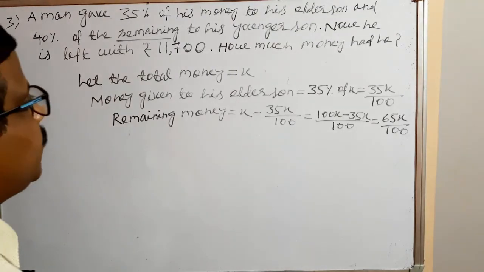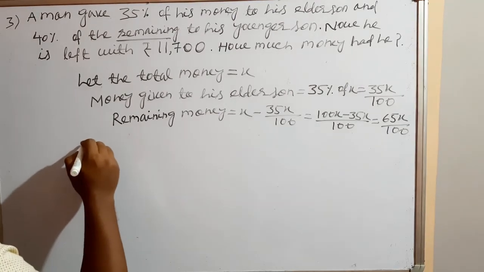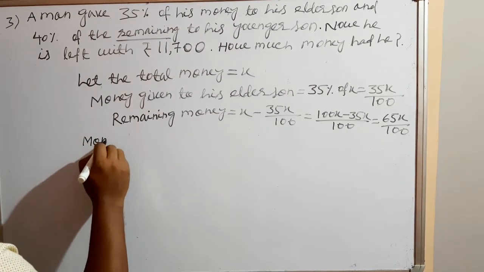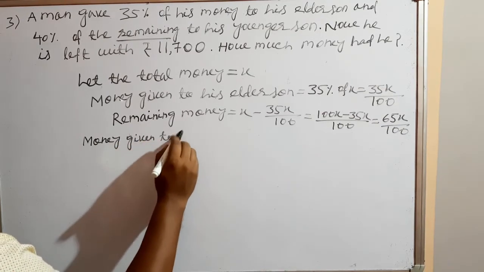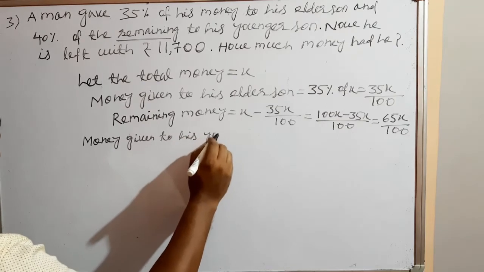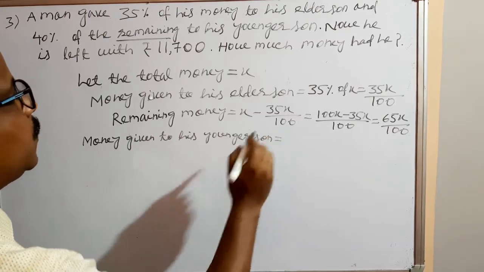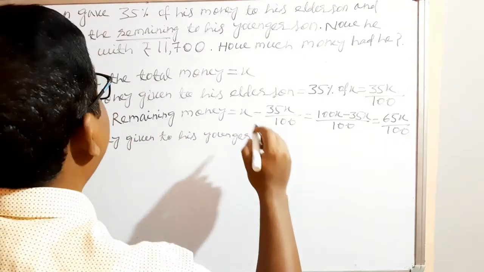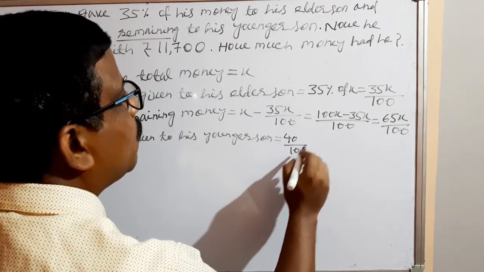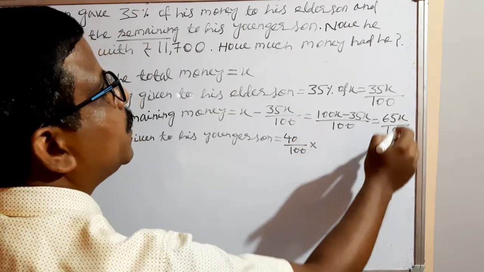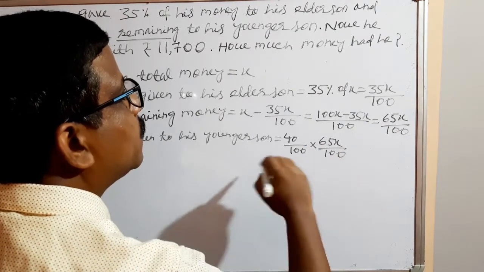Then the money given to his younger son is 40% of the remaining money. 40% means 40 by 100, of means into, the remaining money 65x by 100.